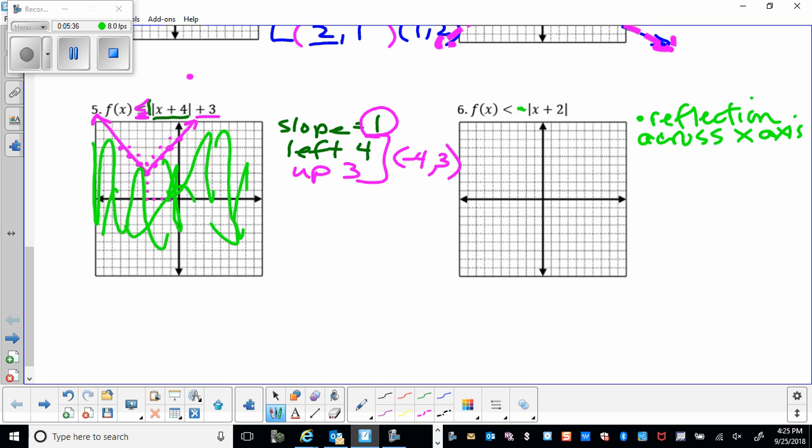And then I've got this x plus 2, so that's going to move it to the left 2. And that's it for transformations.